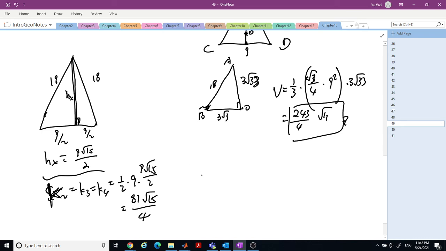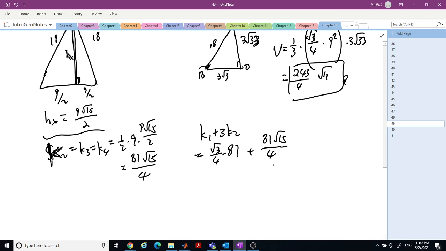Now we can calculate K1 plus 3K2. It's equal to root 3 over 4 times 81, plus 3 times 81 root 15 over 4.